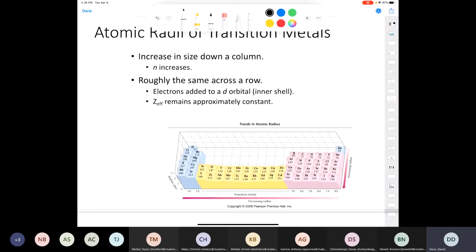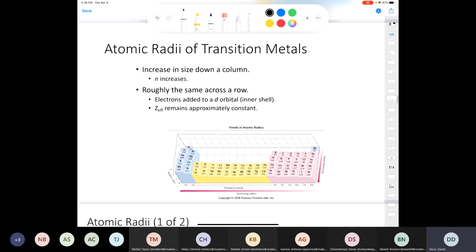So down a column, the principal quantum number increases, atomic size increases, not much of a stretch there. Roughly, this is talking about transition metals. When we go across a row or a period, you can see that there's very little variation for the transition metals, and I explained why that is. Okay, there is some variation, and that is beyond the scope of our course.